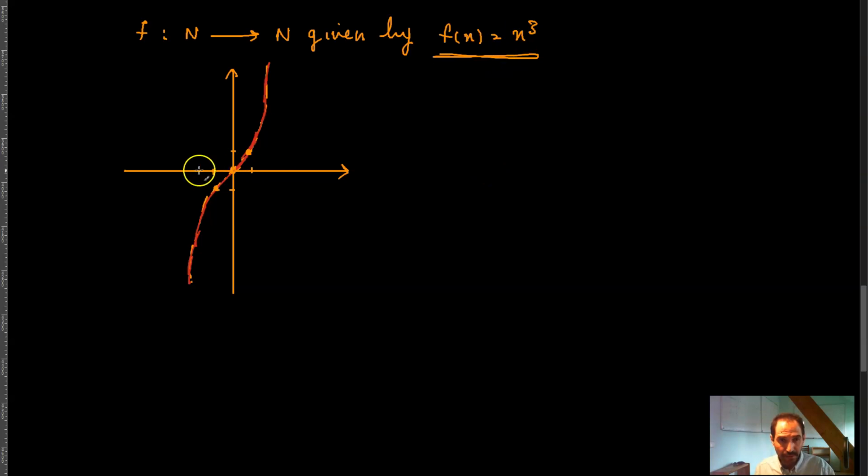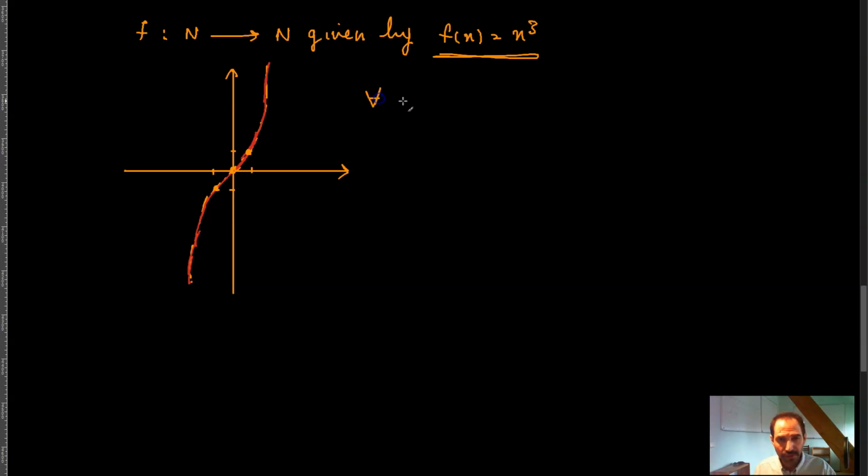And then -1 maps to -1, -2 maps to -8, -3 maps to -27, and so on and so forth. And so, of course, you can say that the function is injective.